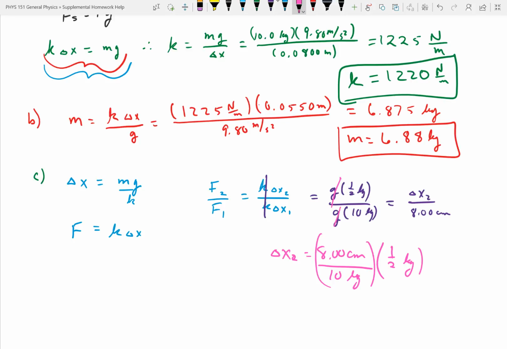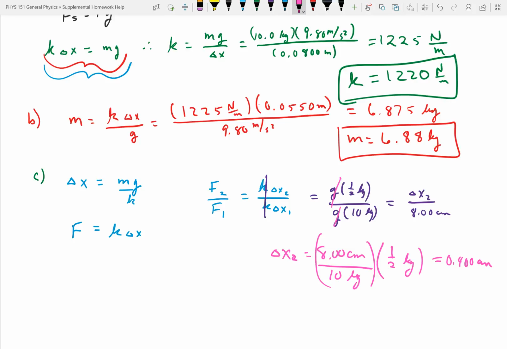And so I have 8 divided by 2 is 4. Divided by 10 is 0.4. And so it was a quicker calculation. I could do it in my head just by looking at the original numbers.